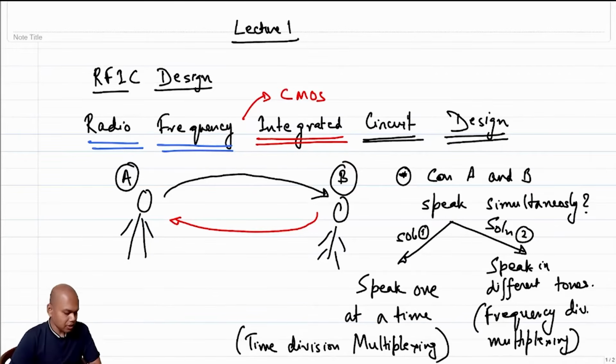So what's the problem? Let's say at this point of time, speaker A is speaking and person B is trying to listen, and this person B is located far away from speaker A. Naturally, the sound that reaches the eardrum of speaker B will be very feeble.